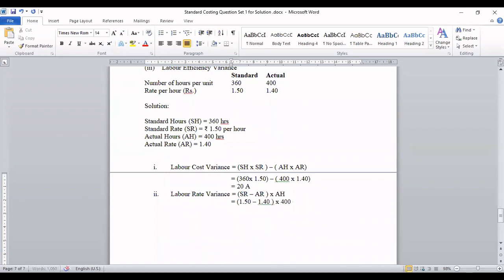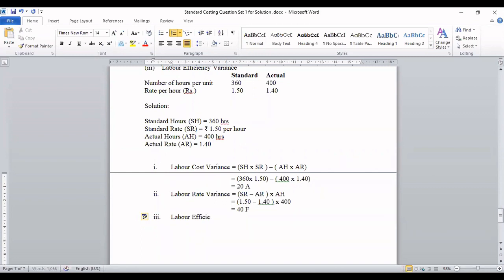Very good. So tell me, is the 40 coming adverse or favorable? Favorable. Very good. I hope you are understanding, everyone? Any difficulty? No, sir. Okay, fine.